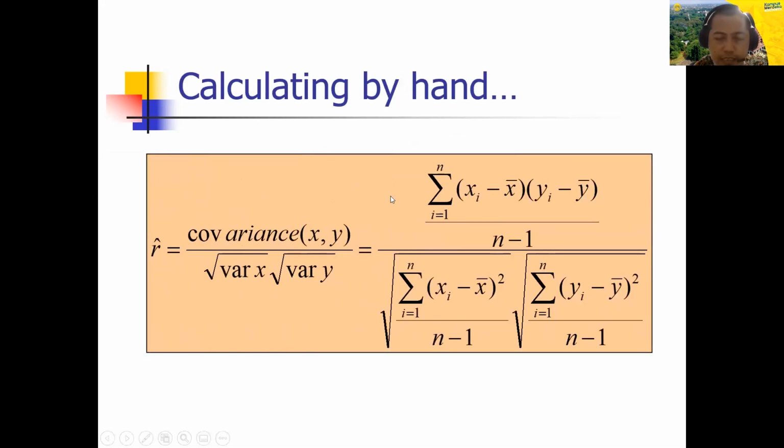Also, this is when we compute by calculator, in this case we compute one data by one data.